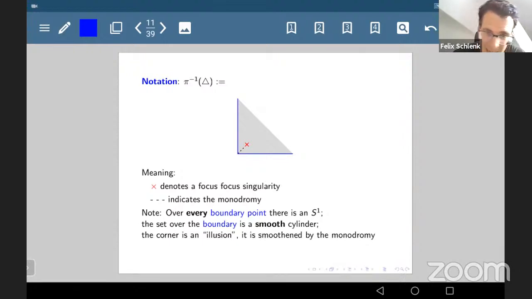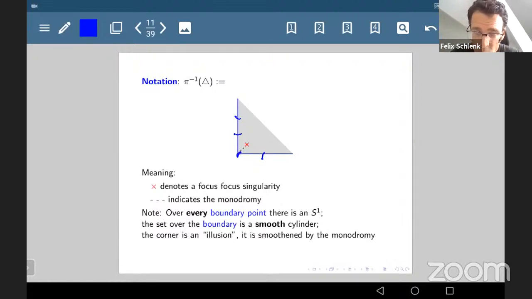The dotted line only reminds us that if we go around, we have the monodromy that we discussed. It's only to remember. And it's also useful to understand something else. So what do we have over this blue boundary? We have not an S1 almost here and here and here a point, but we have S1s everywhere.